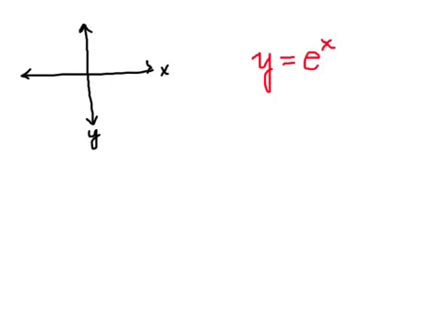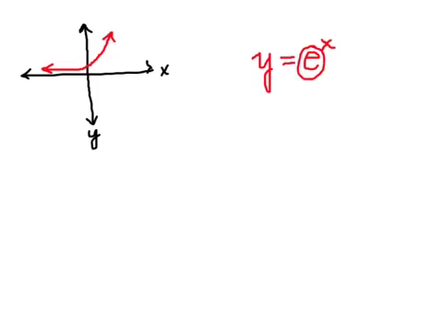As far as how the graphs look, the ln function is an inverse function of the exponential function e to the x. The exponential function of e to the x is roughly like this, kind of like all our exponential functions, and this would be exponential growth because e is a number greater than 1.